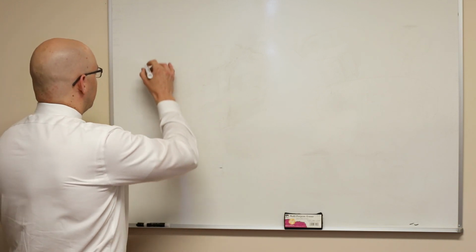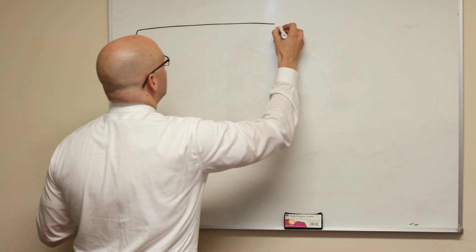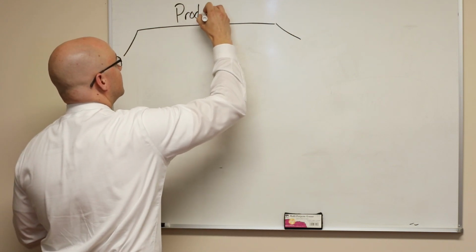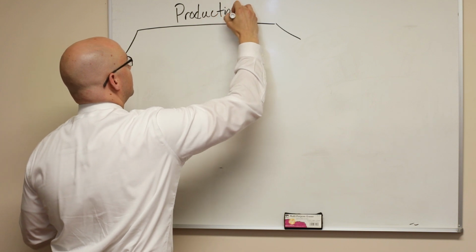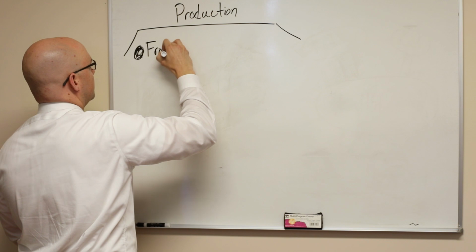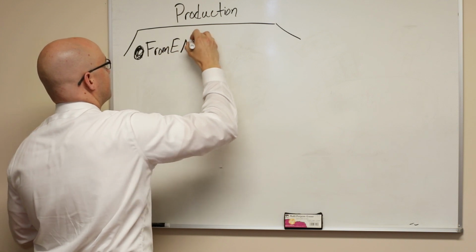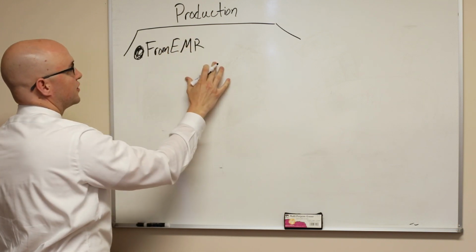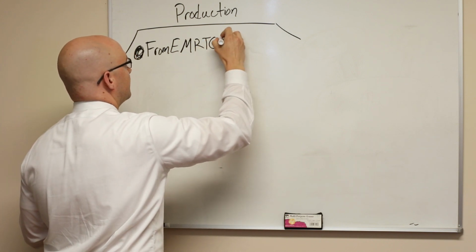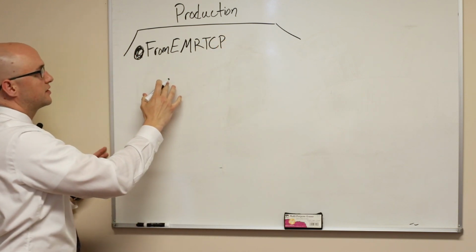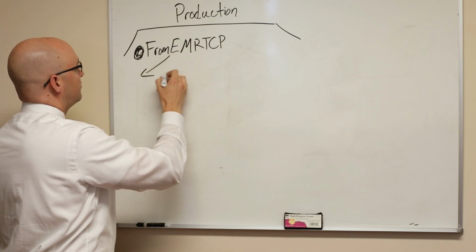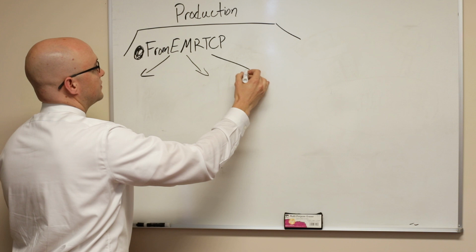Okay, so basically how this works is, if we have a production and you have a particular component here, so this is a business service, from EMR, TCP we'll call it. How that works is the utility I'm going to show you puts entries into 3 tables.